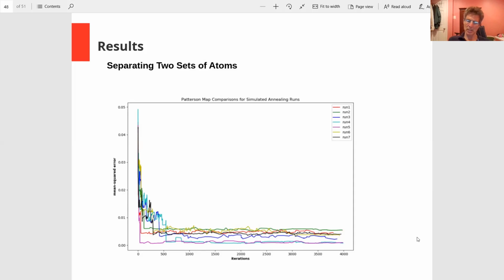And you can see a little bit of up and down here. Actually, I didn't use a straight greedy algorithm. I used some simulated annealing, and then I just let that run for lots and lots of steps, and it worked quite well, as you'll see in the next slide.